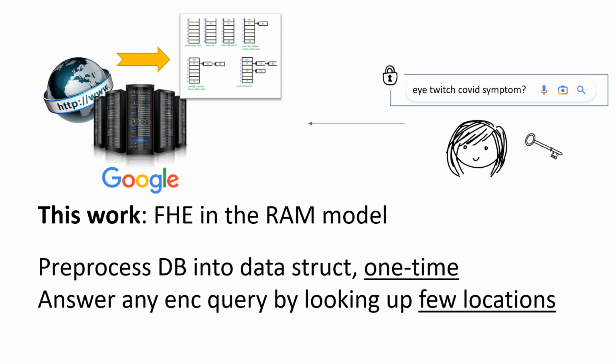I mean, this secret key doesn't need to be tied to Alice. She can always sample a new fresh secret key for every query. And then Google can carry out this encrypted query by looking at a few locations in this preprocessed data structure. And Google has to put the internet into some data structure anyway to facilitate the search.